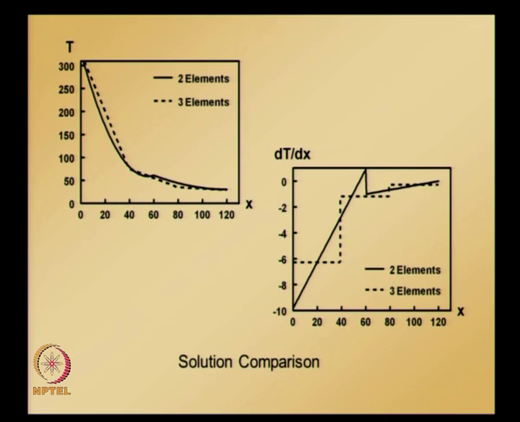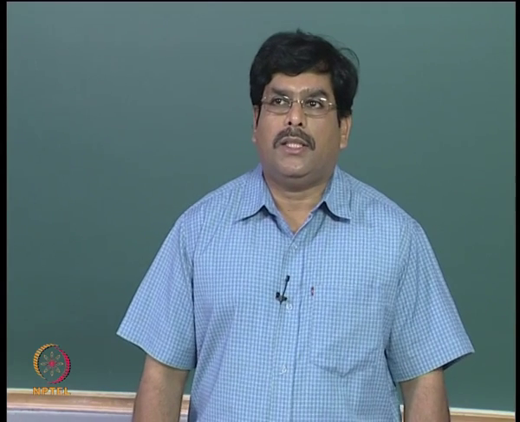Here derivative of temperature is not what we are calculating, we are actually calculating T and forcefully taking derivative. So, that is expected, a large error in derivative of temperature, and so this demonstrates the usage of higher order elements.